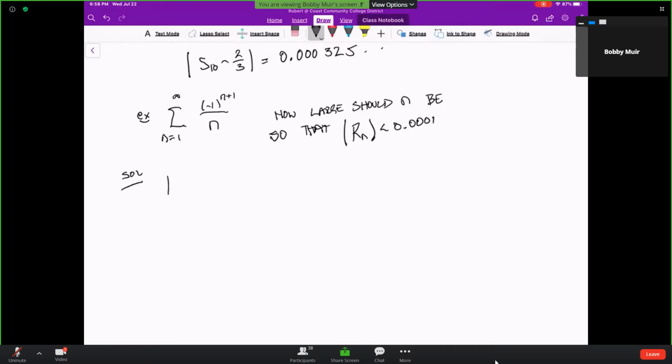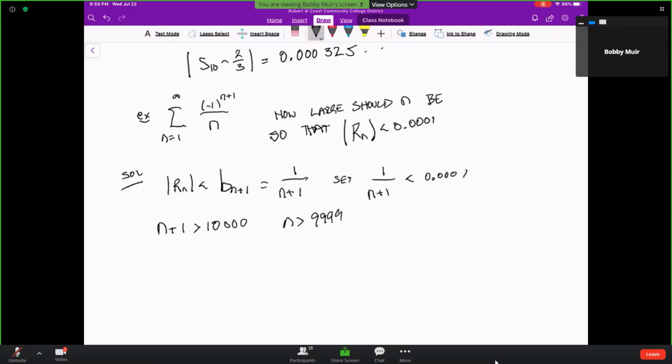Solution: we know that Rn is less than B(n+1), which is equal to 1 over n plus 1. Okay, so set 1 over n plus 1 to be smaller than 0.0001. So n plus 1 must be larger than 10,000. So n has to be bigger than 9,999.